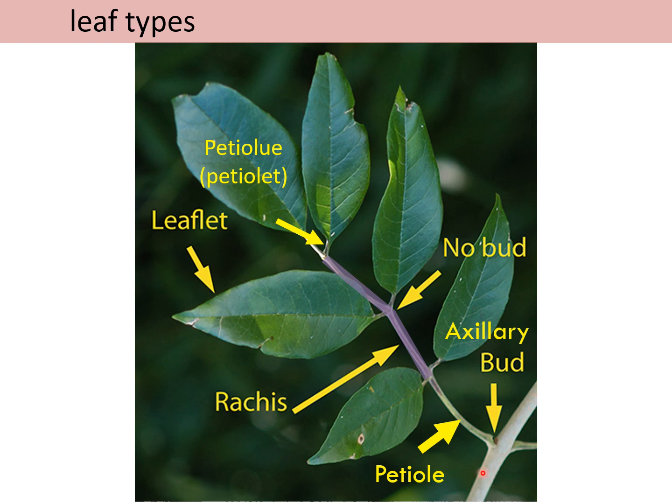This is the stem, and this is the axillary bud. Next to the axillary bud is the petiole, only one petiole. And next to the petiole is the first pair of leaflets. This is a pair of leaflets.